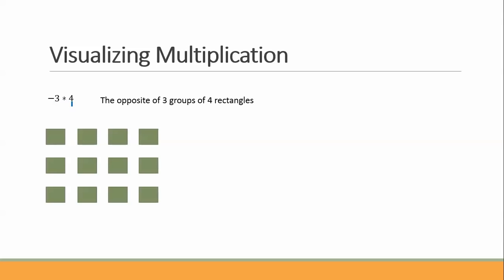Negative 3 times 4. Remember, when we had this negative out front, that was saying it was the opposite. So negative 3 times 4 is the opposite of 3 groups of 4 rectangles. We just found that 3 times 4 was equal to 12, so the opposite of 12 is negative 12.